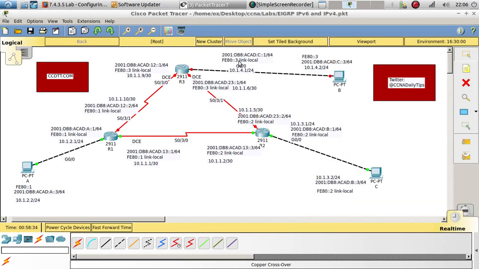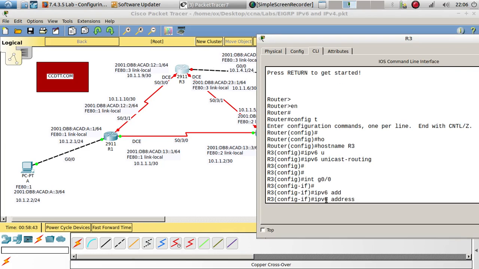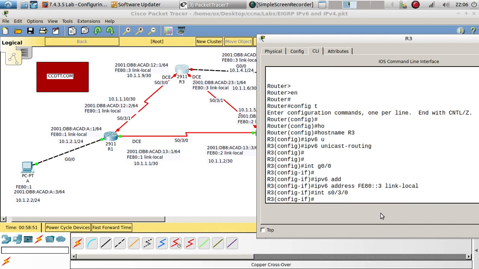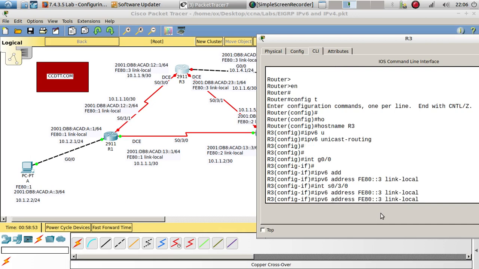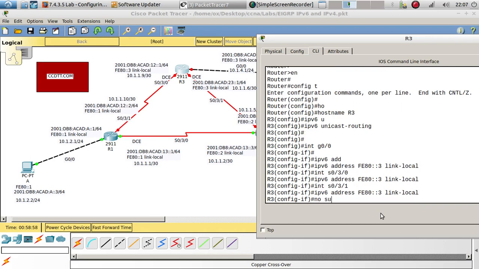Let's configure those link local IP addresses, and let's do IPv6 address. Let's paste that right here. Do the same for 0/0 link 030, and let's do IPv6 link local. Do the same for the other interface and local.